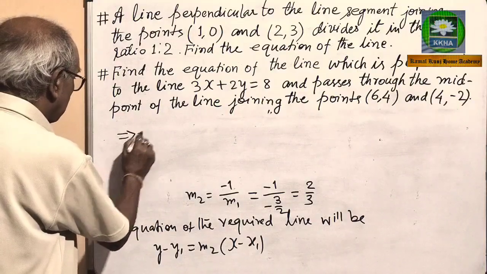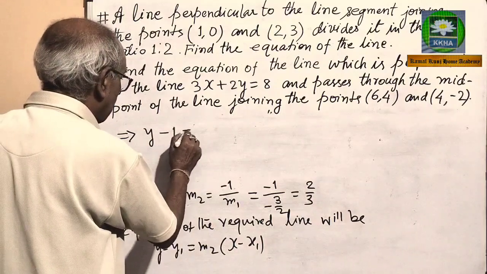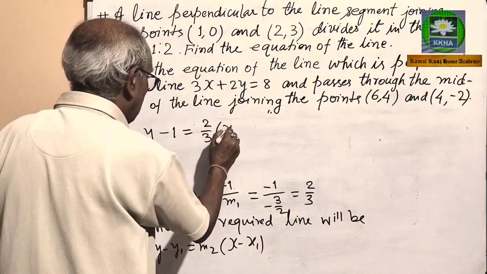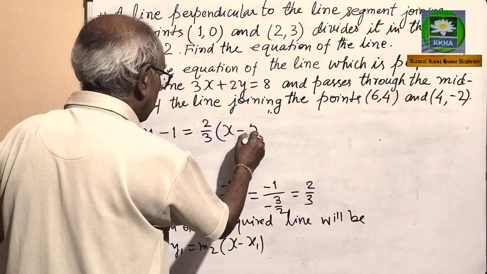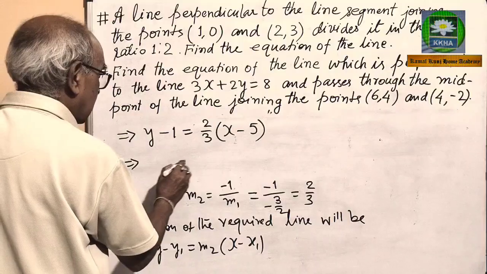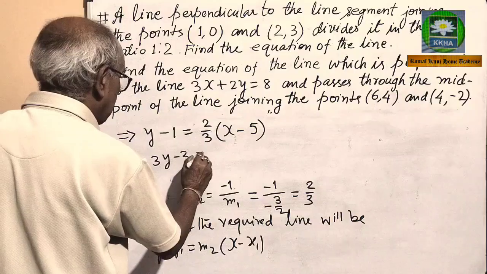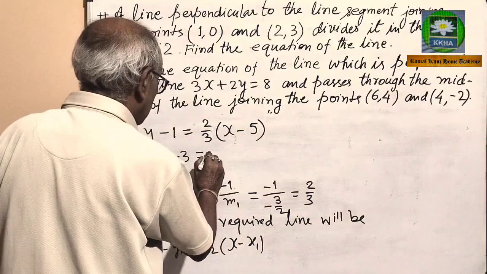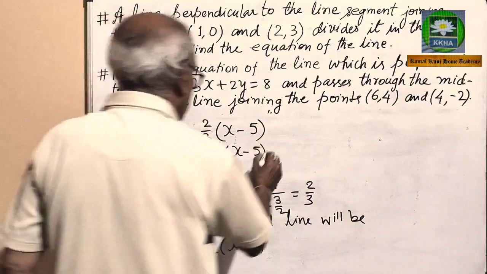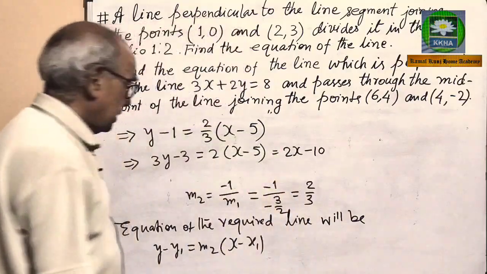This implies that y - 1, here y1 is 1, equal to the slope 2/3 into (x - 5), where x1 is 5. This implies that 3y - 3 = 2(x - 5), which is equal to 2x - 10.